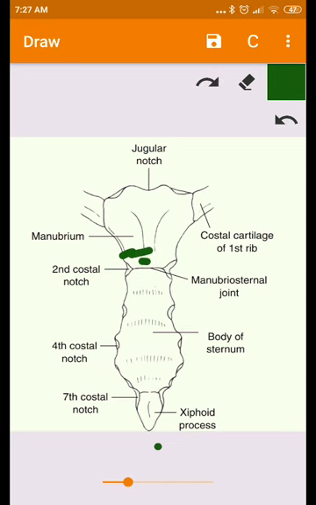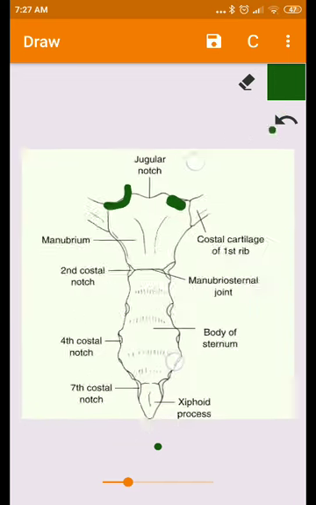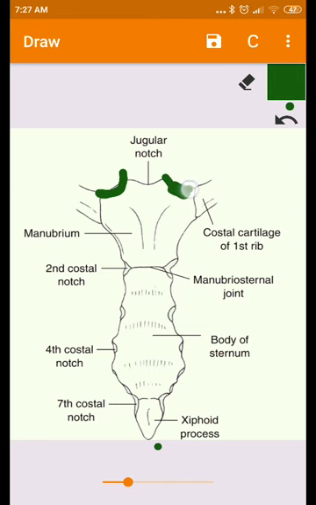notch gives attachment to the lower fibers of the interclavicular ligament, that is here, and here there are some margins. There are clavicular notches present on the upper part, which give attachment to the clavicle, forming the sternoclavicular joint, and also give attachment to the capsule around this sternoclavicular joint.